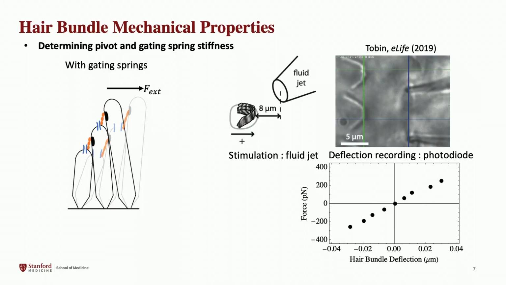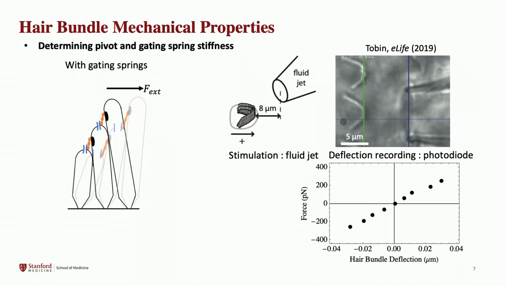So to determine the pivot and the gating spring stiffness using the experimental data, the data that we use are mostly from the paper by Tobin in 2019. It is basically generated for a rat hair bundle.